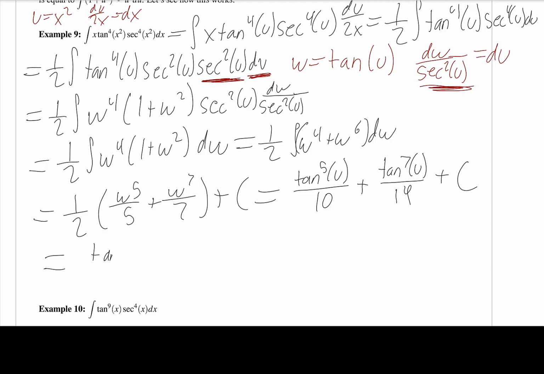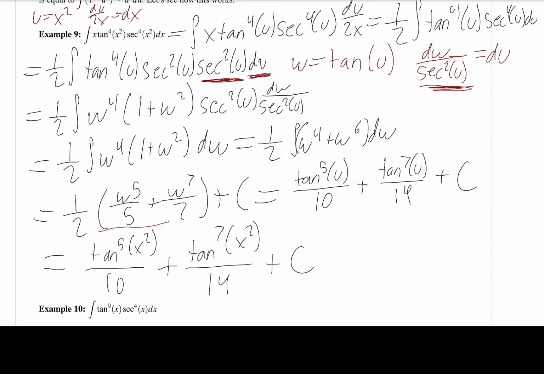So this is tangent to the fifth of x squared over 10 plus tangent to the seventh of x squared over 14 plus C. Okay, and there's our answer.